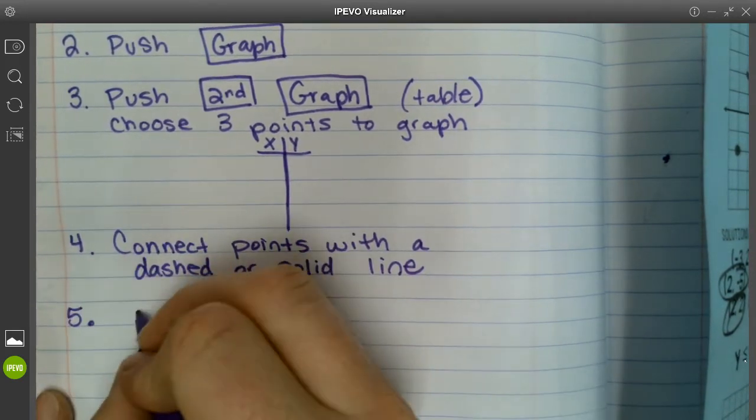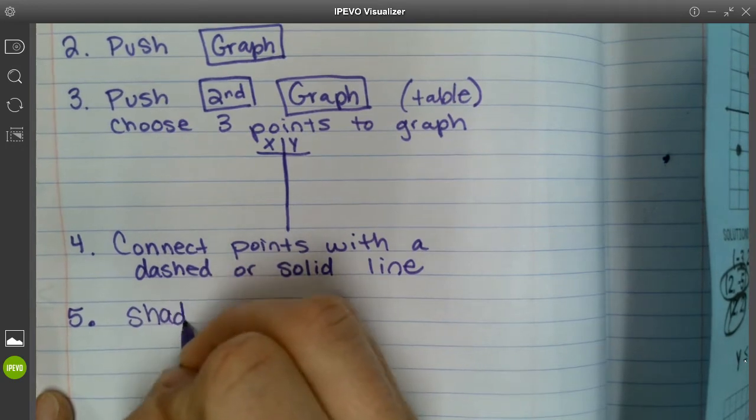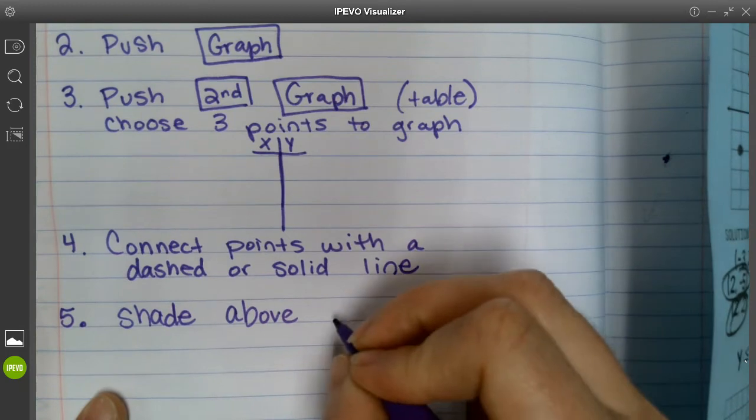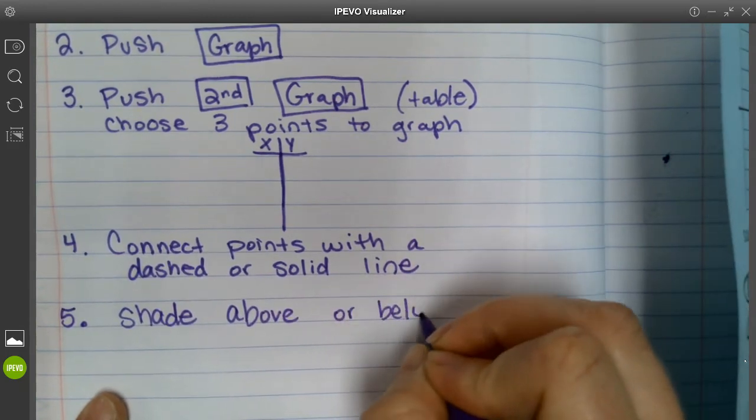And then step 5, shade above or below, however it's set.